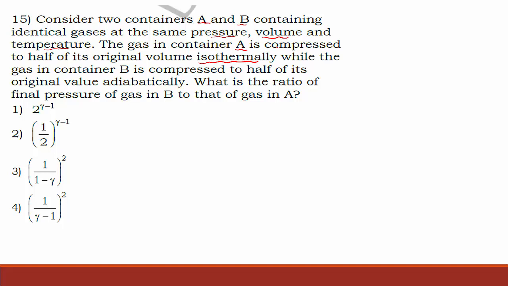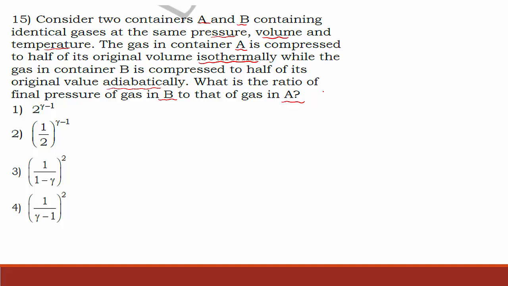That means the first container is kept at constant temperature, then it is compressed to half of the original volume. While the gas in container B is compressed to half of its original volume adiabatically. Then what is the ratio of final pressure of gas in B to that of gas in A?